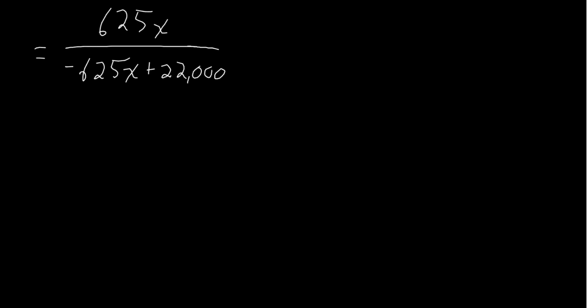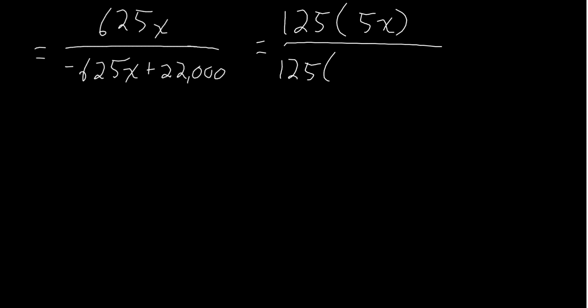All right, so we're going to factor a 125 out. So 125, we factor out of the numerator. That leaves us with 5. 1, 2, 3, 4, yeah, 5. And then we factor a 125 out of the denominator. So that leaves us with negative 5x.